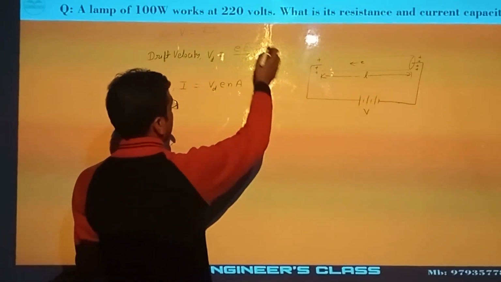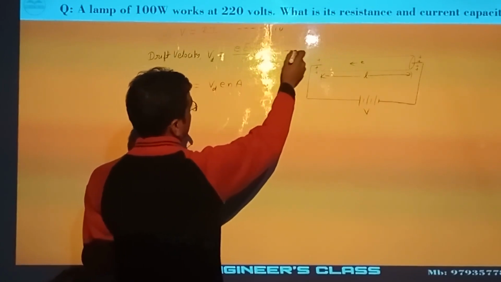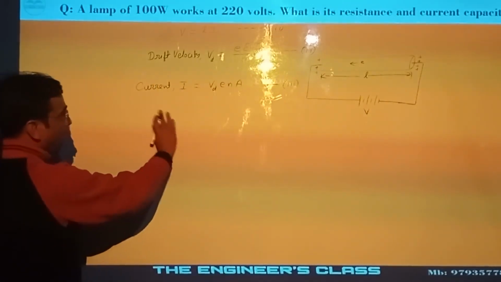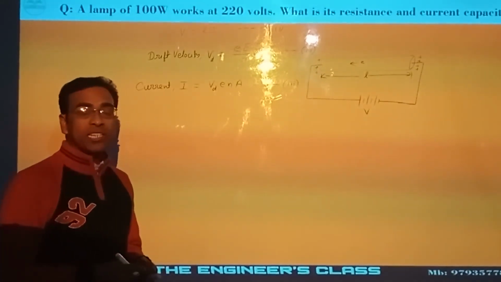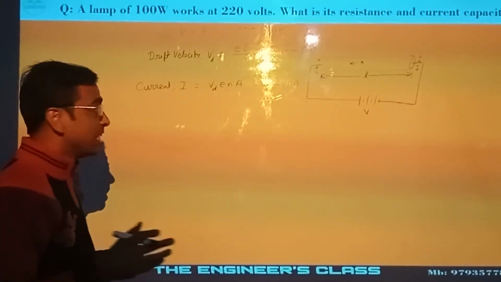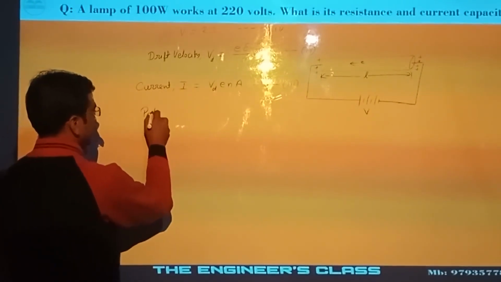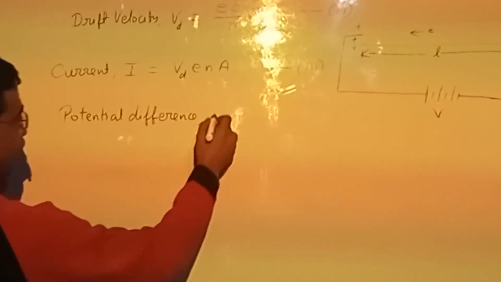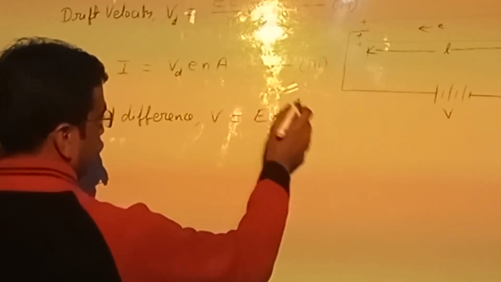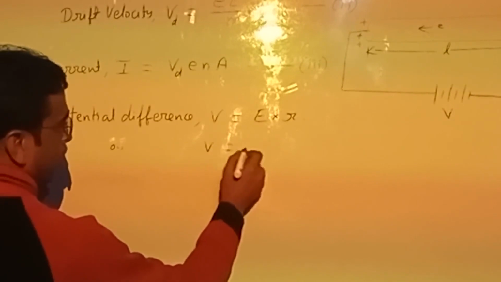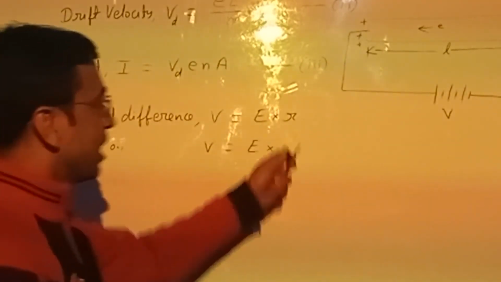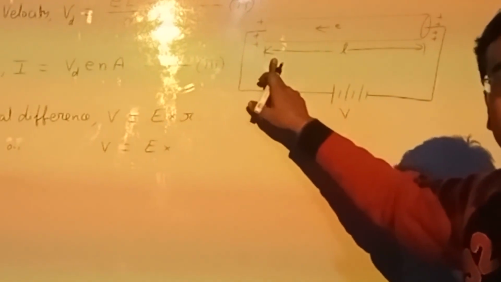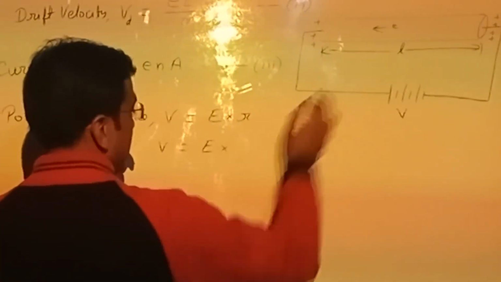Firstly, I am marking it as equation number 1, equation number 2, equation number 3, and another relation that is related to potential difference and electric field, V equals E into L, where L is the length of our conductor, the distance covered by the electron.